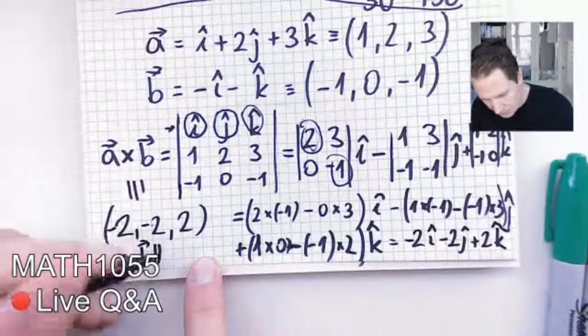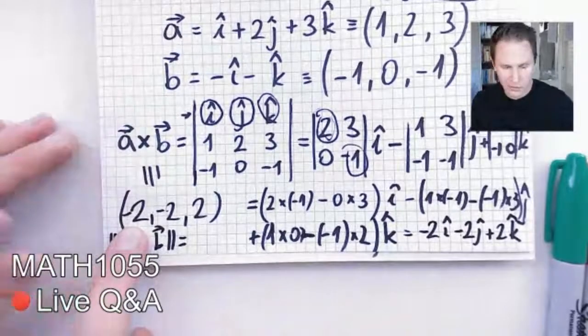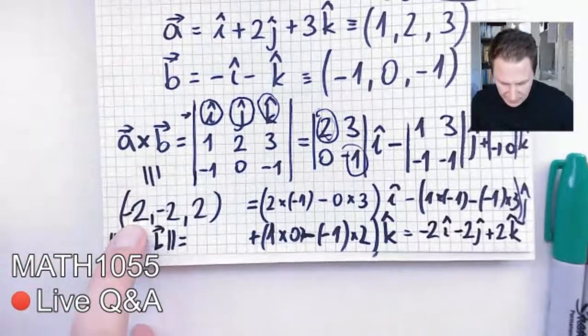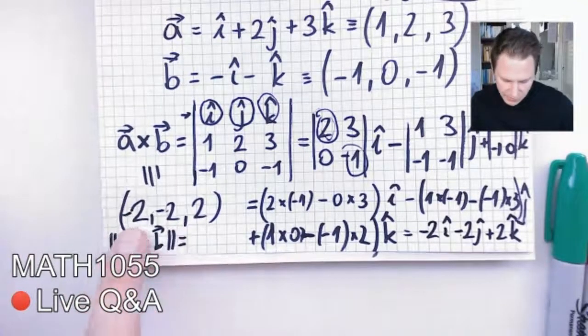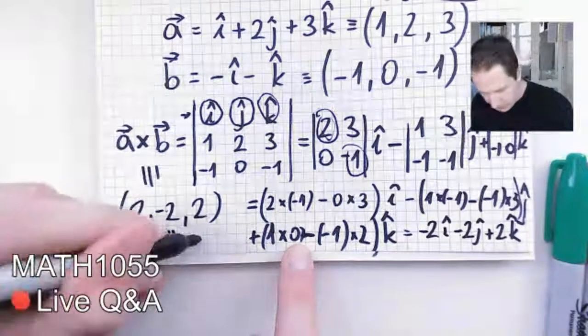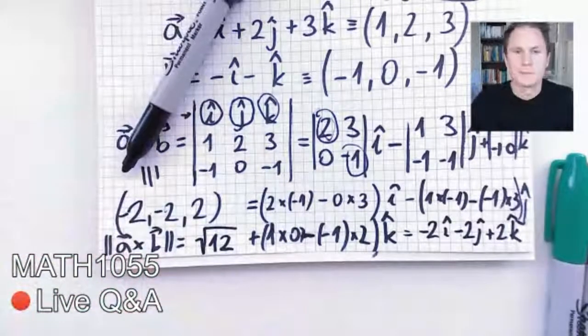So the length of A cross B is the square root of the sum of the squares of these numbers. That's -2 squared plus -2 squared plus 2 squared, so that's 4 plus 4 plus 4. That's root 12.